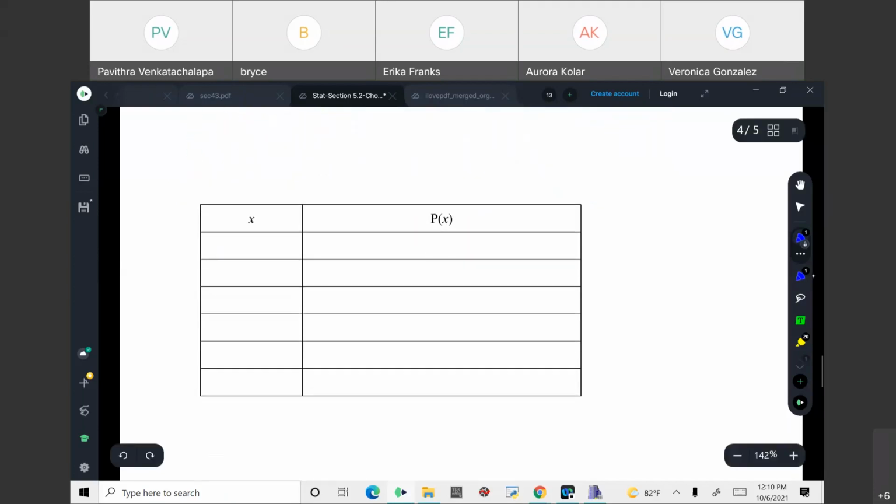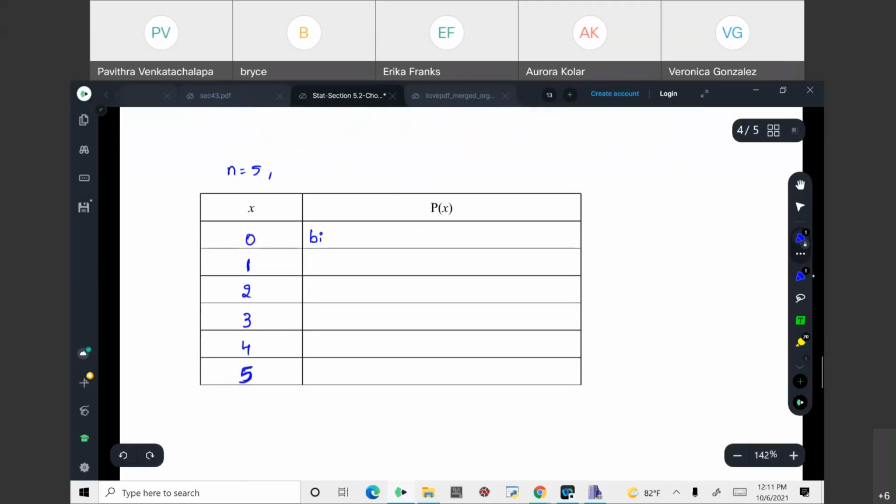So that is what we are going to do now. So now let's divide in this table 1, 2, 3, 4, 5. Of course, we don't have to find for 0 and 1 because we need probability greater than or equal to 2. So just let us fill these probabilities now. 0, 1, 2, 3, 4. Now, how do you find P of x? Very simple. You know n is equal to 5 and p is equal to 0.6.